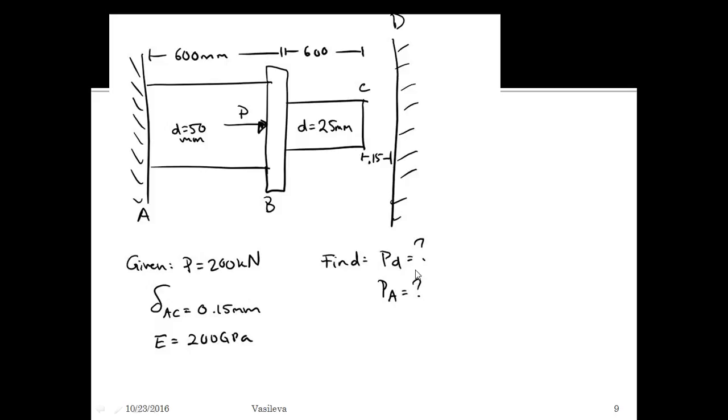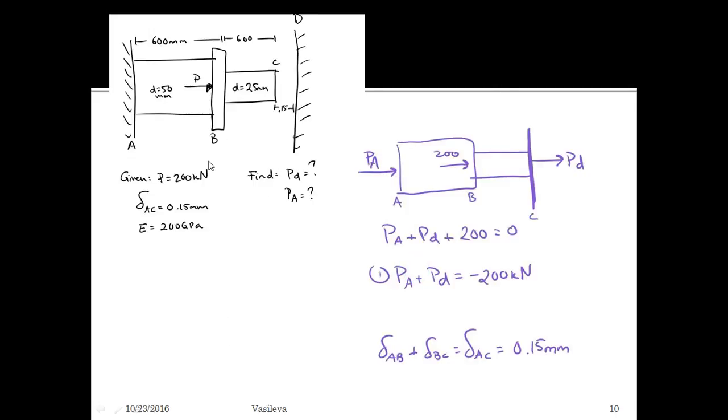So what is PD and PA? Let's look at them in terms of this. We have this 200 kilonewton force applied here, and eventually this force will cause a displacement, right?